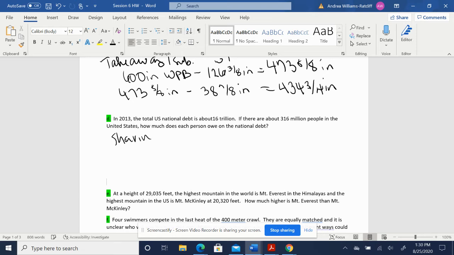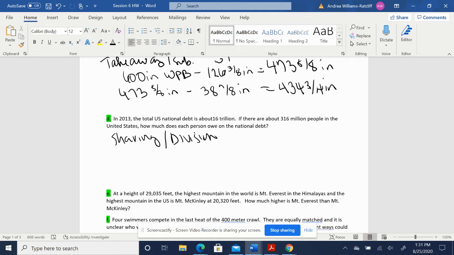Basically, why we chose this, we have a big debt and we're going to share it equally among a bunch of people. Okay, so hopefully we would know that this is going to be a smaller amount. Okay, if we have people to share it amongst.